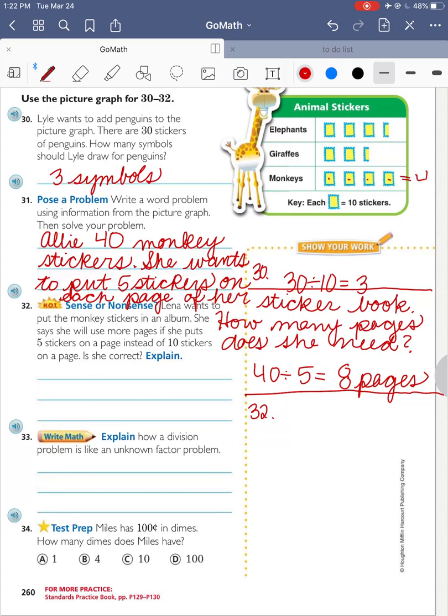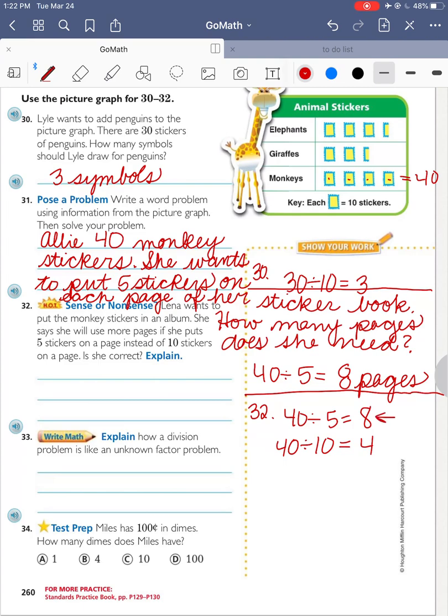So there's 10, 20, 30, 40 monkey stickers. So 40 monkey stickers split into 5 pages, we just did, would be 8 pages total. And then if we did 40 monkey stickers divided by 10 on a page, that would be 4 pages. So if she said that she would use more if she puts 5 on each page, is that correct?